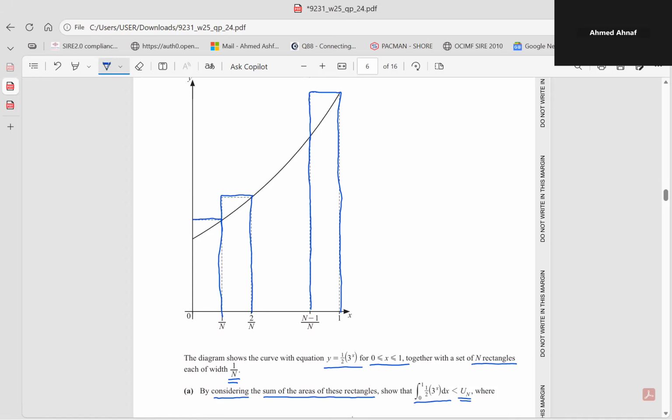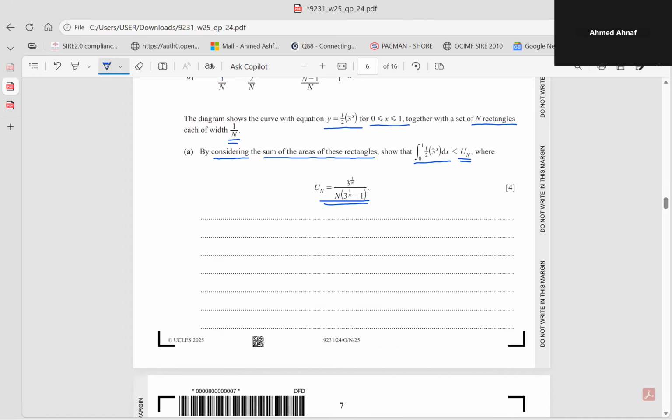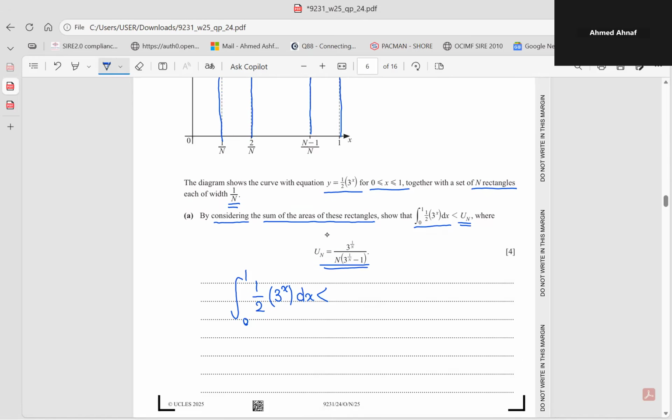So that's what un is. It's the sum of all these rectangles shown here. Let's start by forming the inequality because we have to show the inequality. So this is going to be the sum of these rectangles.